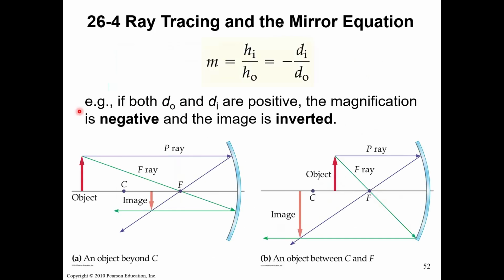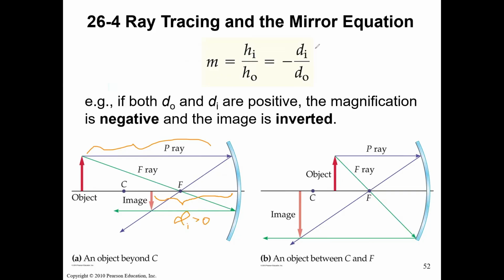So for the concave mirror, we can see that D_I is positive. The image is on the same side of the mirror, in front of the mirror, so D_I is positive.